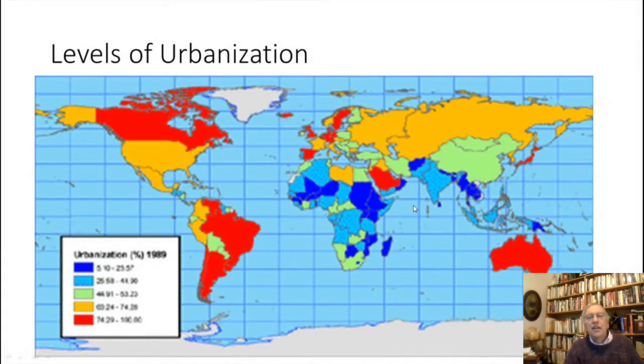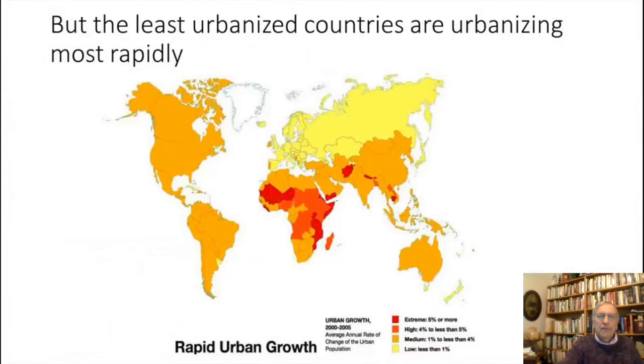But this map is particularly useful to look at Africa and India, because you see that they have much lower levels of urbanization. In fact, some of these countries are less than 20% urbanized in Africa, and so on. Yet we also see that on this map, the darker colors show what countries are most rapidly urbanizing, and they are in Africa.